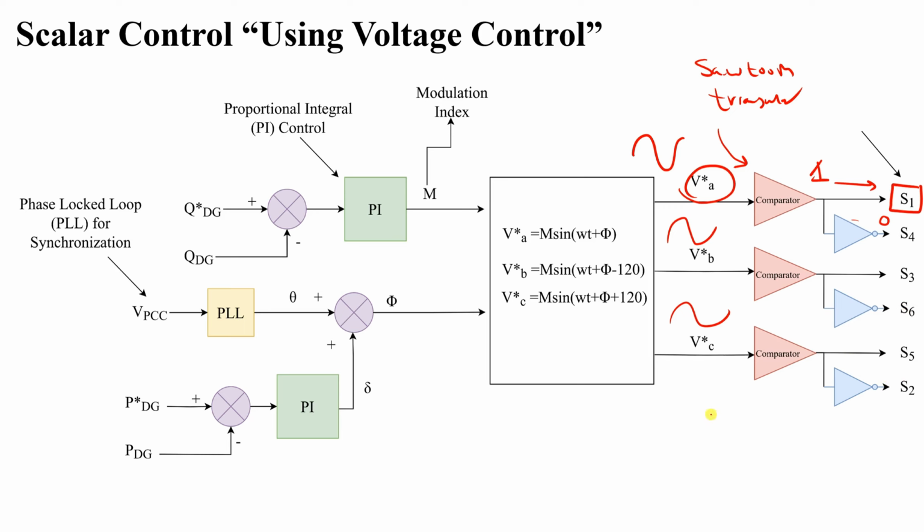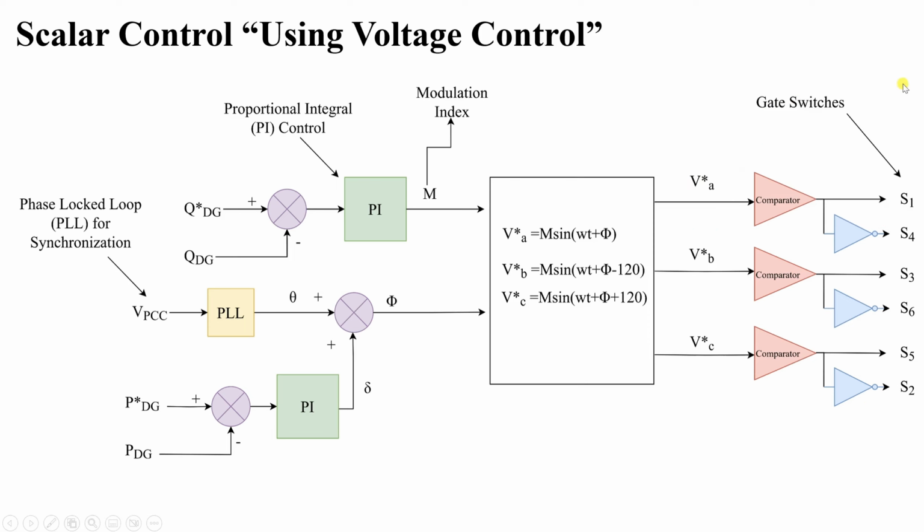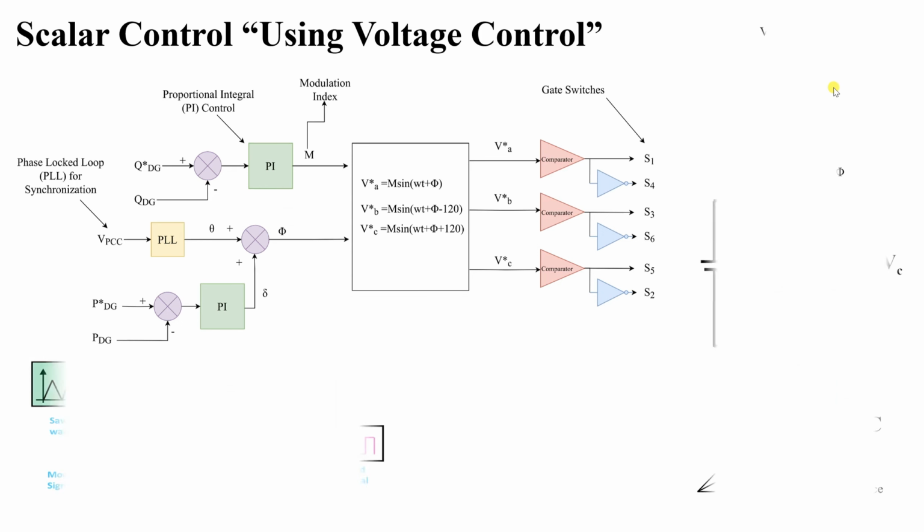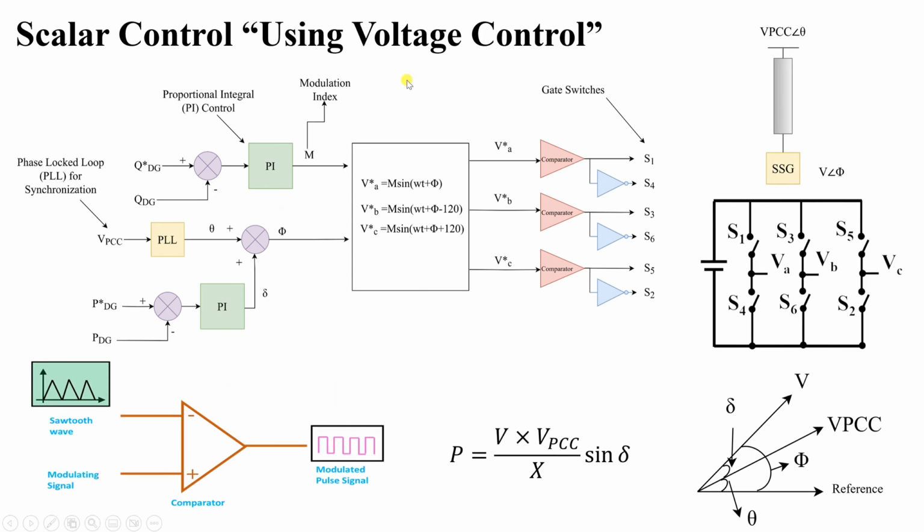Now, how does this technique actually work, or the generating of these pulses? I'm going to show you in the next lesson. As you can see here, we have gate switches. Let's summarize what I have just said.